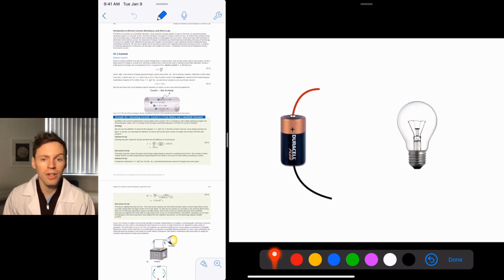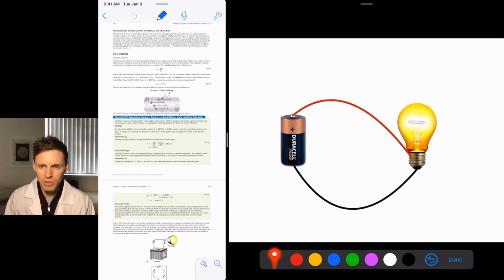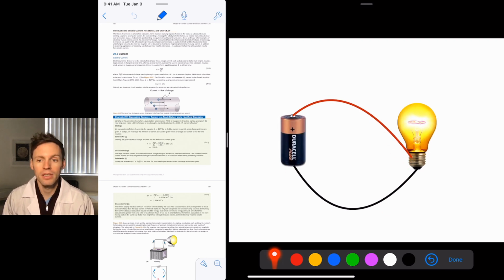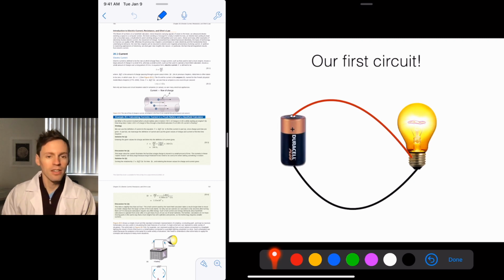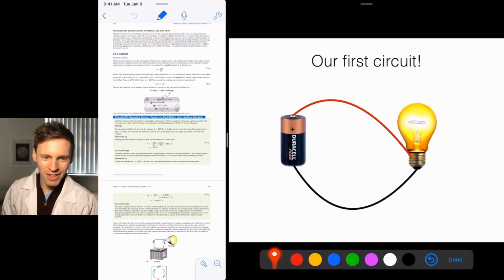So if we start hooking up a simple circuit, we want to go from the plus side onto the light bulb, force the current through the light bulb, and then out the bottom and back to the battery. We don't want to short circuit it so that the current just flows this way. We want to force it through the filament, and that's what causes it to light up. Congratulations, we just made our first circuit.